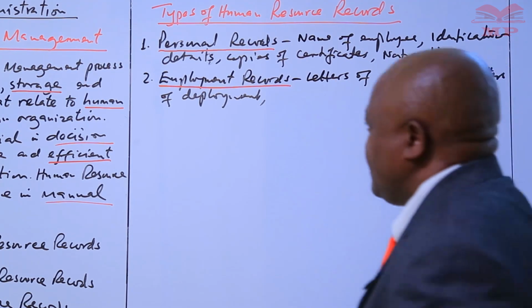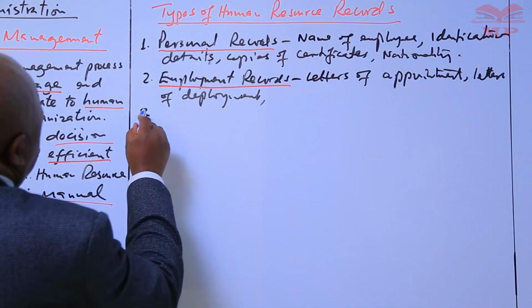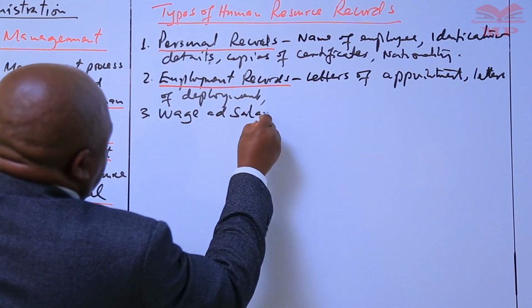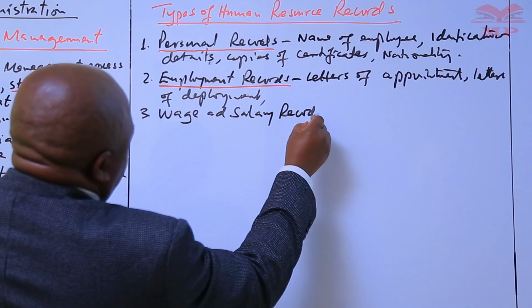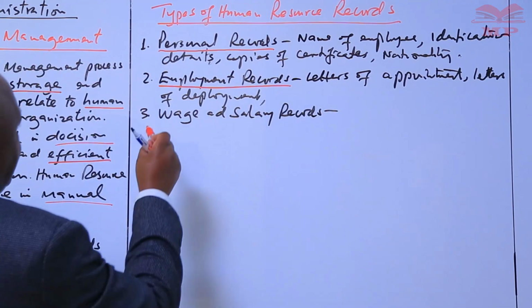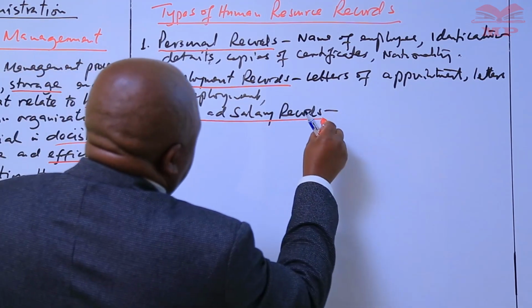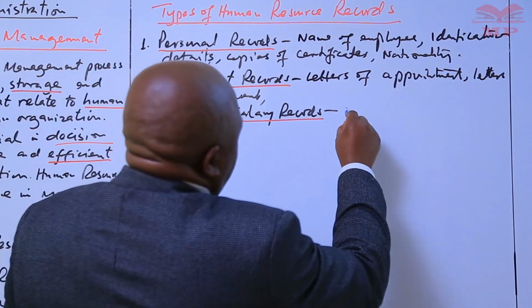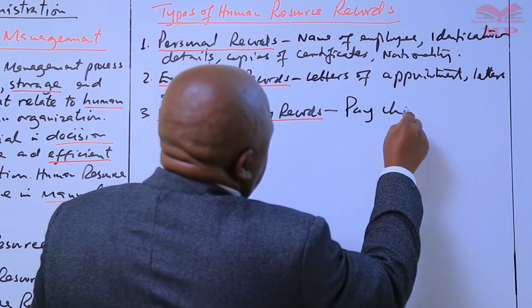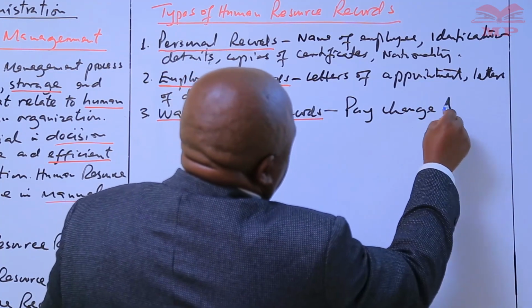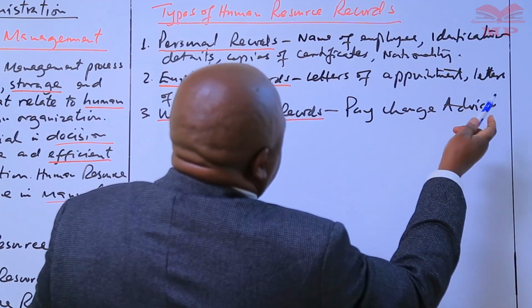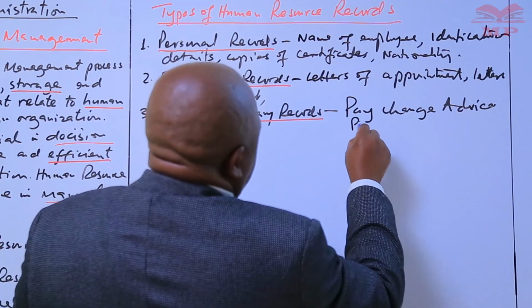Then you also have wage and salary records. And when it comes to wage and salary records, some organizations have what you call a pay change advice, or what they popularly call PCA.